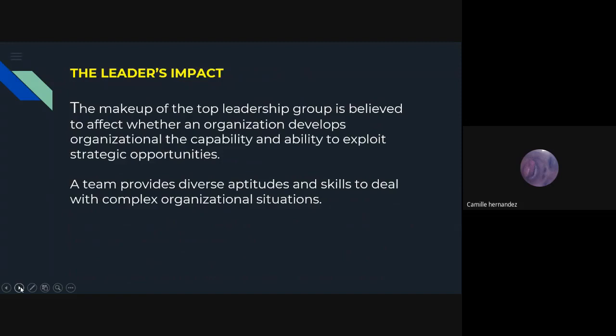The makeup of the top leadership group is believed to affect whether an organization develops the capability and ability to exploit strategic opportunities. Its team provides diverse aptitudes and skills to deal with complex organizational situations.